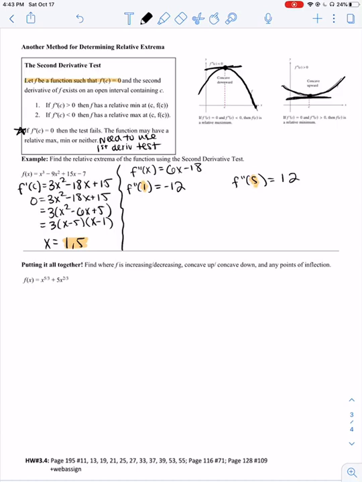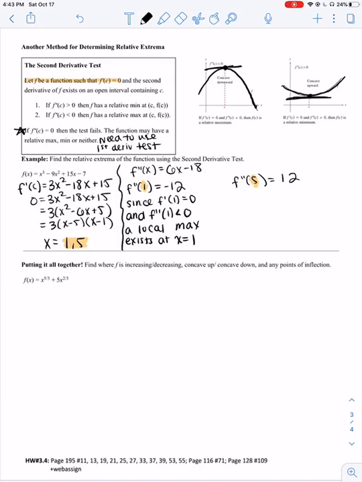So what does this mean? Since f prime of 1 equals 0, because that was the first criterion, we need that to equal 0, and f double prime of 1 is less than 0, a local max exists at x equals 1.